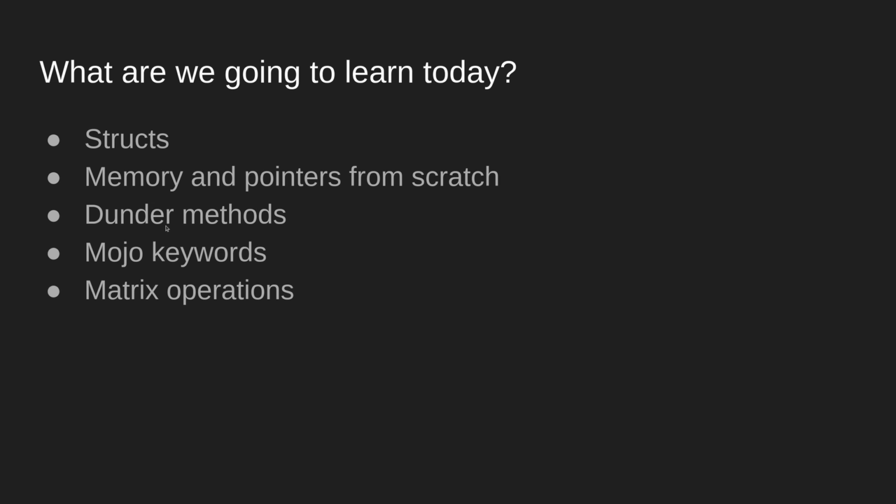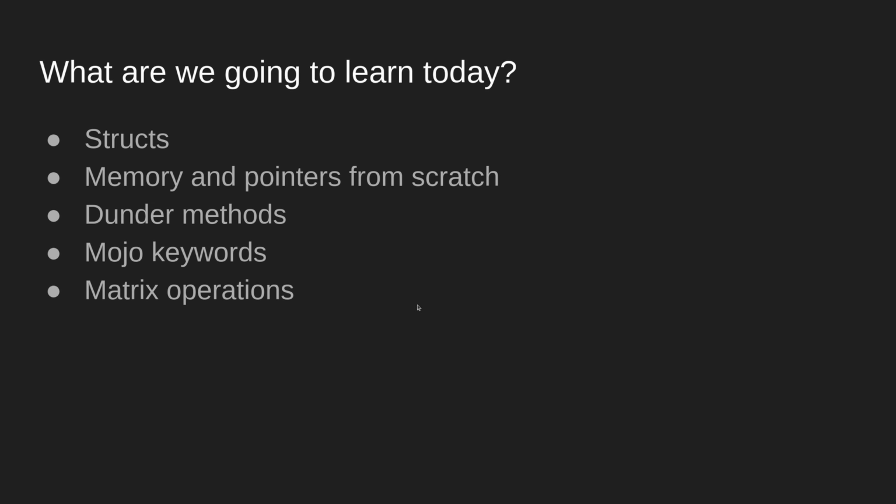We're also going to cover dunder methods, which stands for double under methods. You've probably seen them before. It's the methods with double underscores. We're also going to go over some Mojo keywords that are used for methods. And finally, you can learn a bit more about matrix operations.